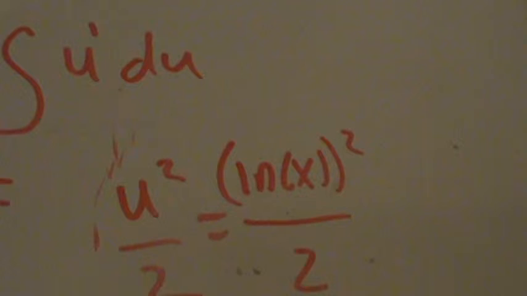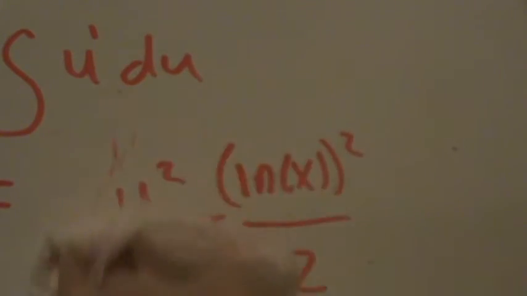Now I'm sure you're like, oh, prove this to me. How is this the original function? Well, if I am correct, and I am pretty sure I am, the derivative of this thing will actually be our ln of x over x. So let's check that out.